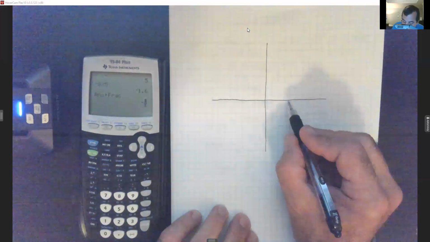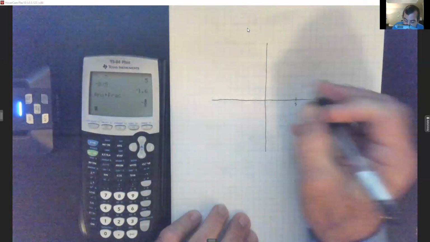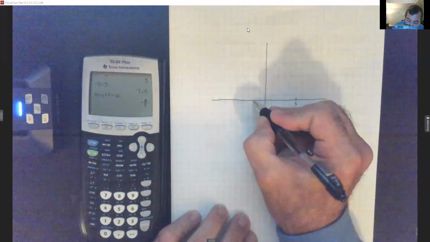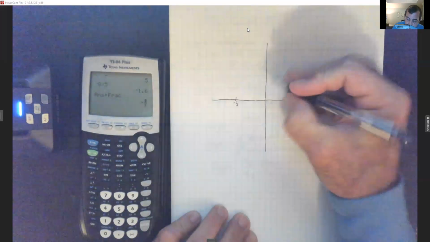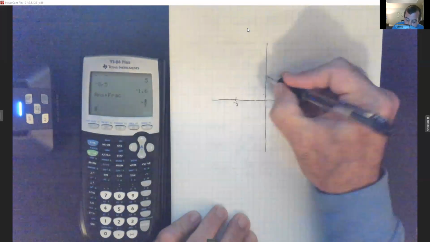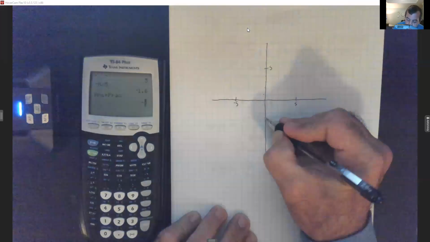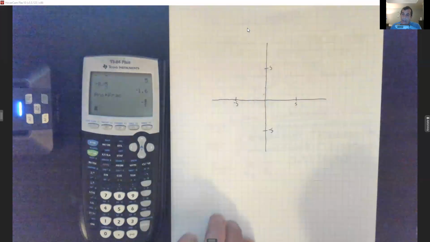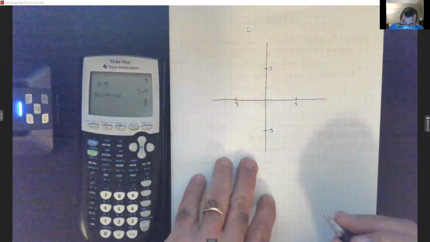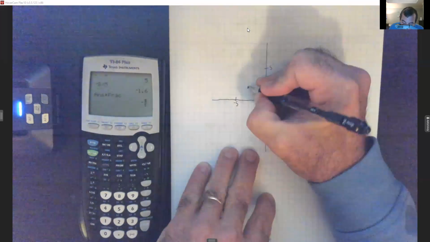So here's 5, and let's go negative 5. And then the same thing. All right, so this line, I'm going to put one point right here.